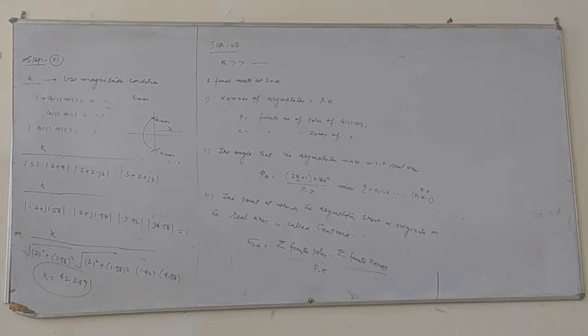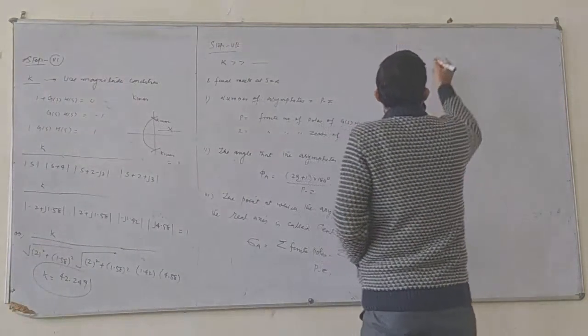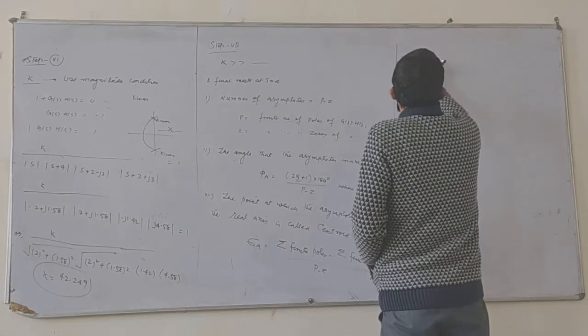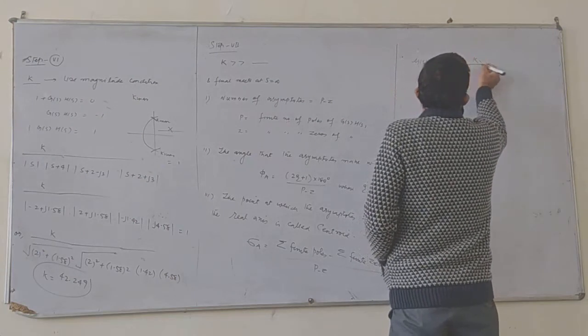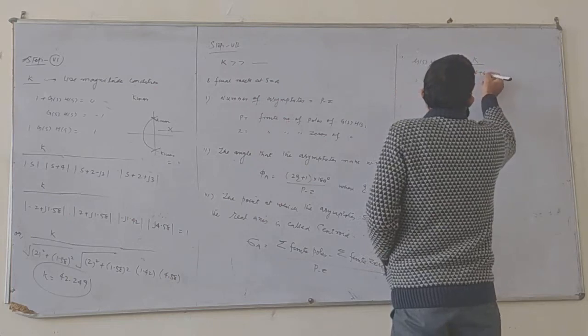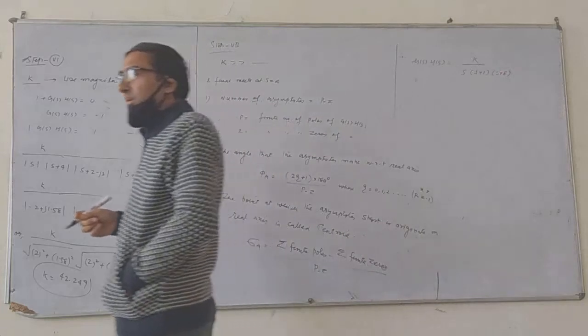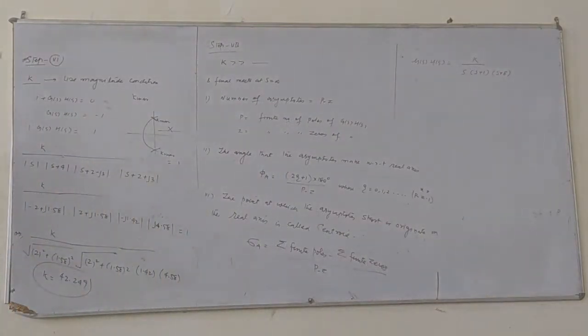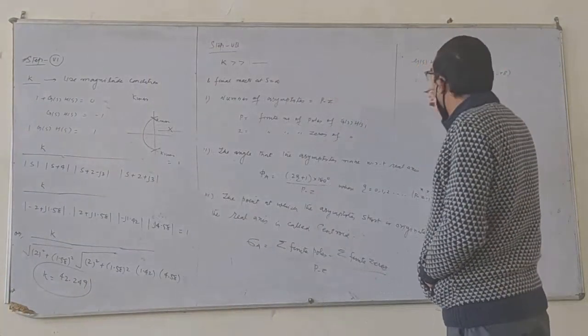Let's say the open loop transfer function G(S)H(S) is given as A divided by S, S plus 1, S plus 8. Now I am talking about these points.